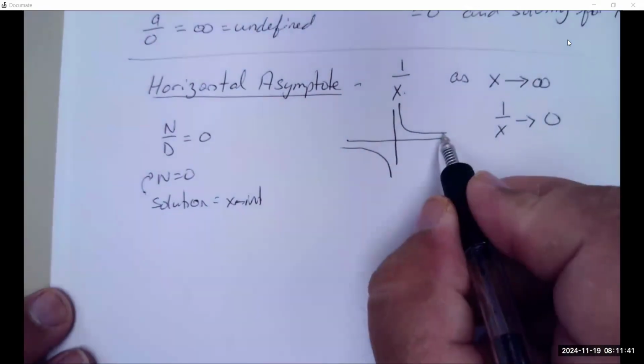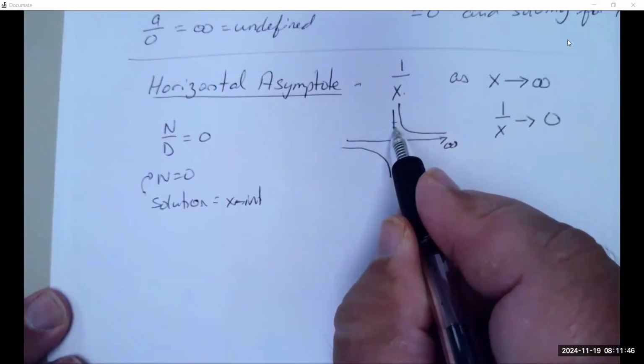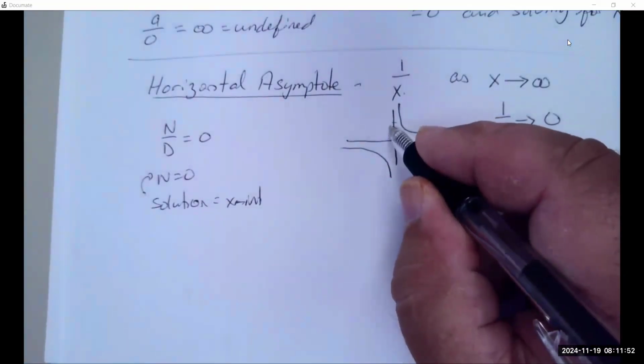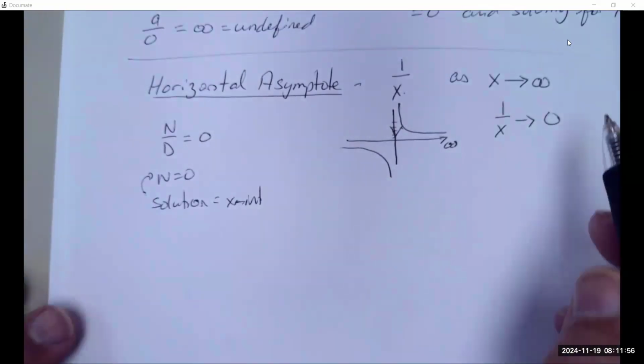But as x goes to infinity, what values on y is this graph approaching? It's getting lower and lower. It's going to lower to what value? 0.